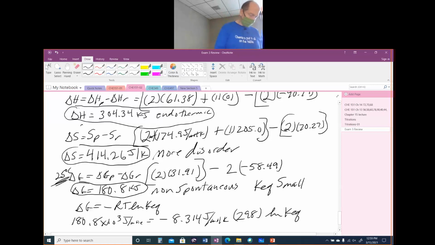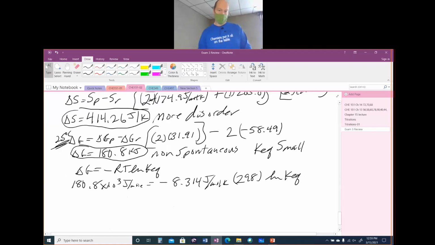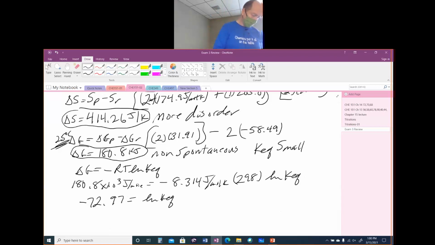All right, and so we then divide both sides by negative 8.314 and divide by the 298. And we get a negative 72.97 for ln KEQ. All right, and so then you take your e to the x button, and you get 2.030 times 10 to the minus 32.